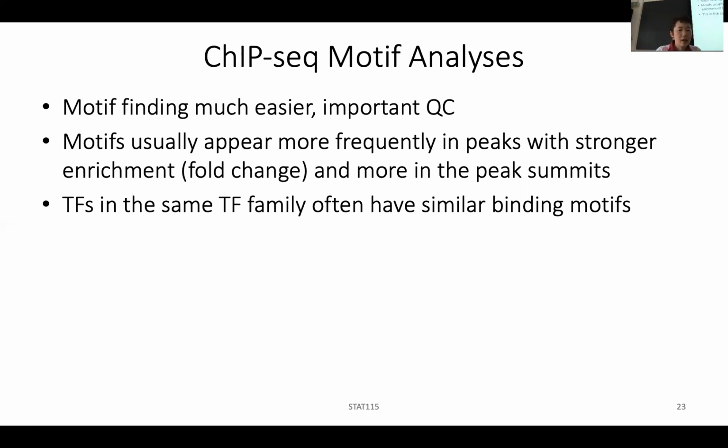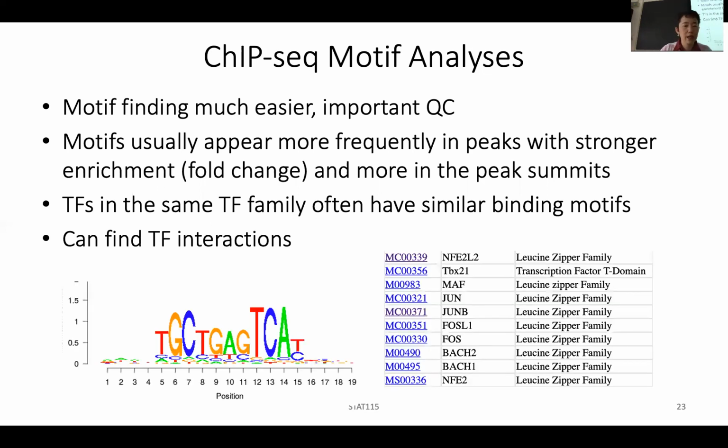One thing we notice is that transcription factors in the same family often have similar binding motifs. This is an example of TFs in the same family having similar motifs.